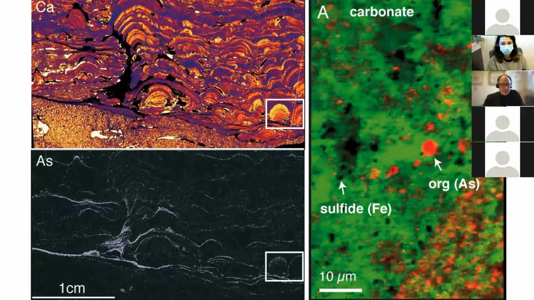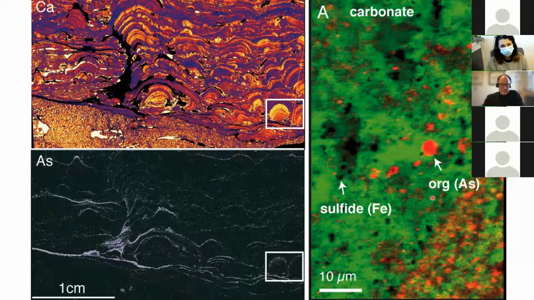If you can compare these maps, in this case you see the map of calcium, and the inset here is from the Sforna et al. paper, 2014, where you see high concentrations of calcium that overlap with high concentrations of arsenic.